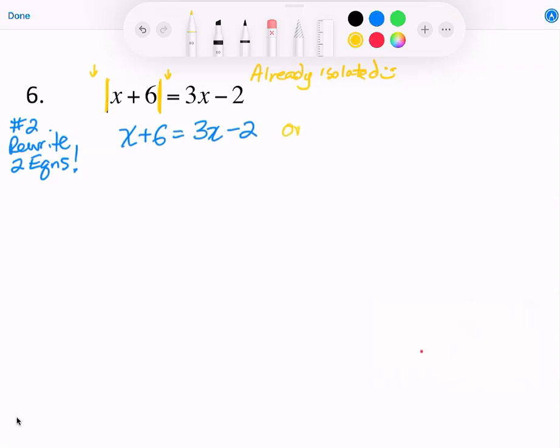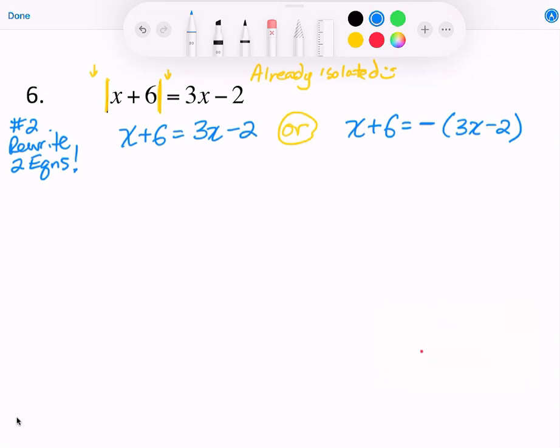The second equation that we're going to write, the x plus 6 again, but this time we're going to do the opposite of what was there to begin with. Notice I use parentheses there.